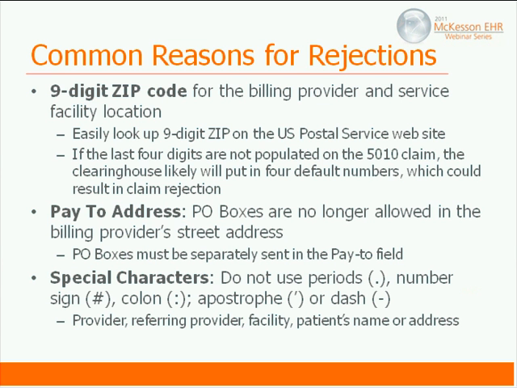You can look up the 9-digit zip on the U.S. Postal Service website and then include that last 4 digits into your practice management system for billing provider and service facility location. If you don't have those 4 digits populated, what happens is the clearinghouses typically will put in a default number, so 0000, 1234, et cetera, and those default numbers can cause rejections at the payer.